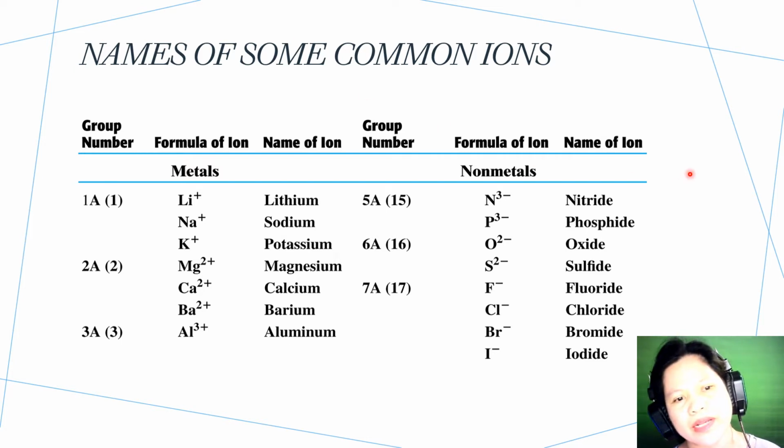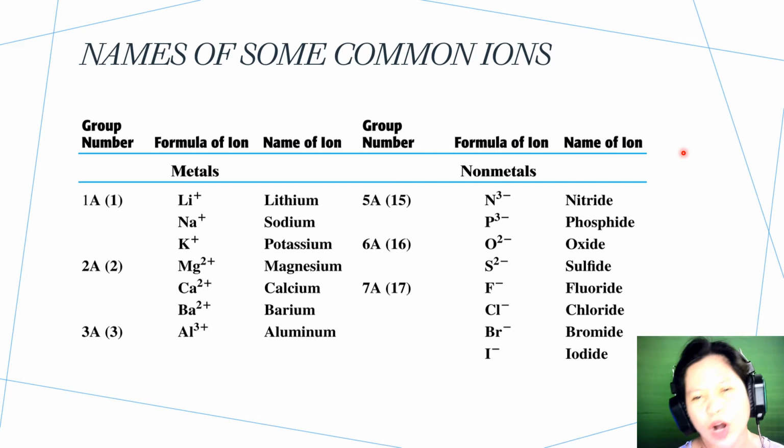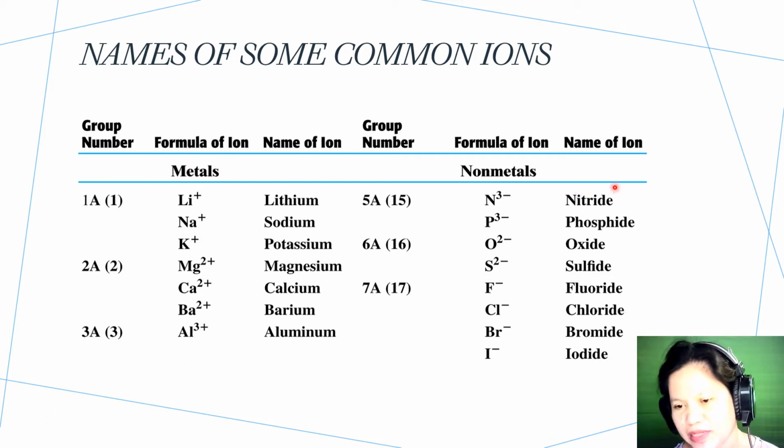Next, here are some common ions. You have lithium, sodium. If you notice, we don't change the name of the element. Why? Because they are all cations. Look at the second example. These are the non-metals. What do you notice in the name of the ions? We change the last letters into IDE.